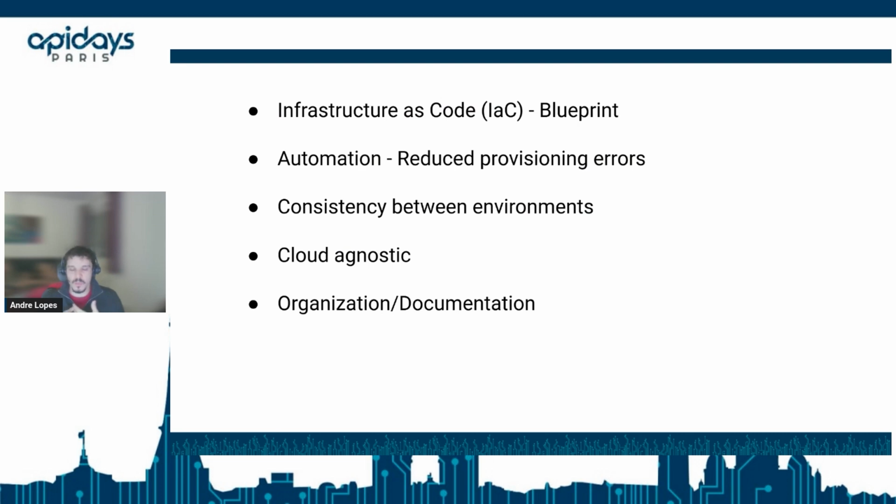Also, something that's really good about Terraform is that it gives us organization and documentation of our infrastructure. What does that mean? Chances are that if you're creating infrastructure, and even more so with serverless services, you're going to have a lot of services created in AWS, right? And it can be confusing to navigate through the dashboard to understand what you have already created.